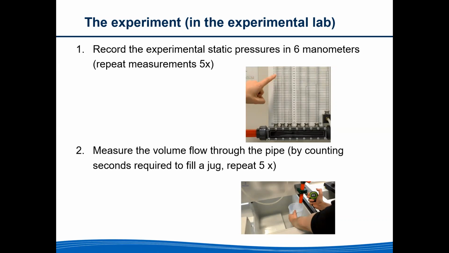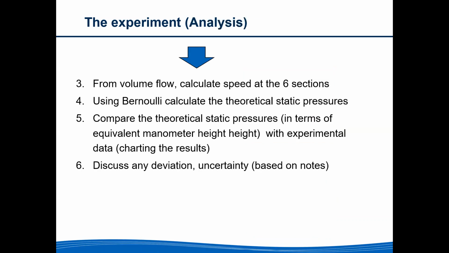And then, of course, in order to measure the velocity inside, we have to know the volume flow. Using a jug, you will measure the time that you need to fill a jug, and you also repeat this one multiple times. From the volume flow, you know the cross-section area. It will be provided to you.